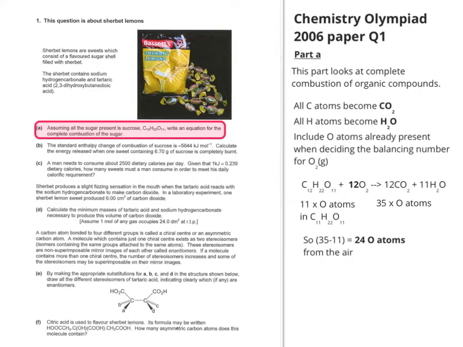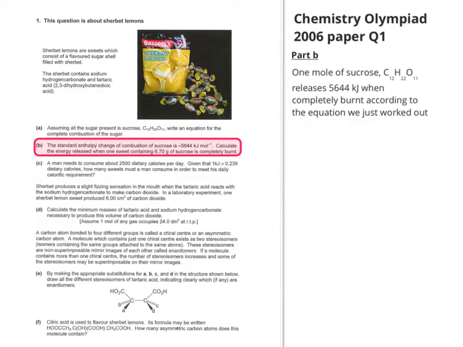Okay, so the next part is the standard enthalpy of combustion. When it says minus 5644 kilojoules per mole, that means that 1 mole of sucrose releases that amount of energy when completely burnt according to the equation we've just worked out.